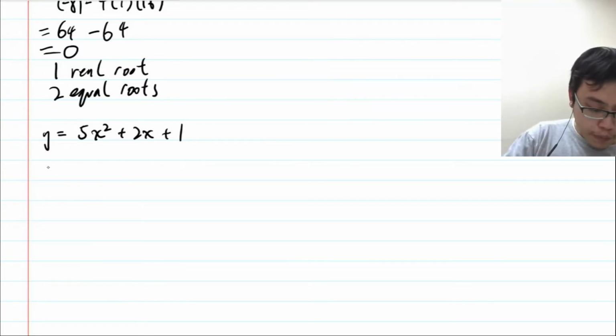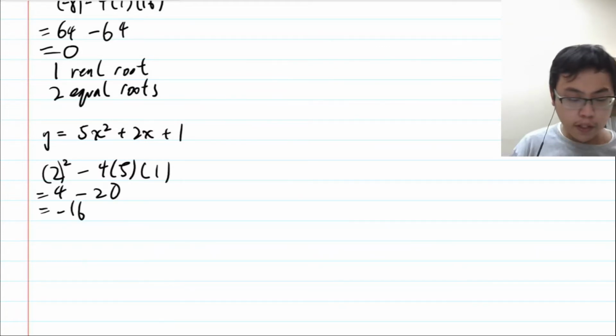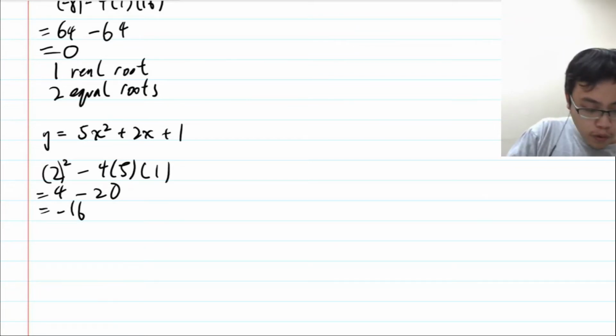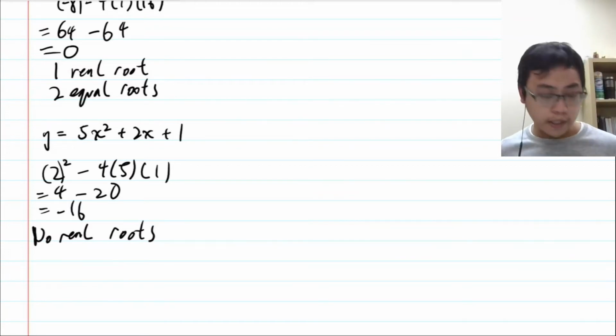If we do b squared minus 4ac, we have 2 squared minus 4 times 5 times 1. This is equal to 4 minus 20, which is negative 16. So b squared minus 4ac is negative, which means that there are no real roots. So that's exactly what it means.